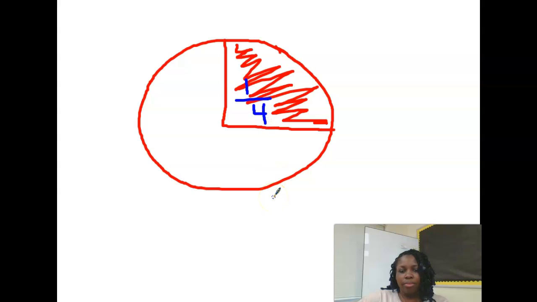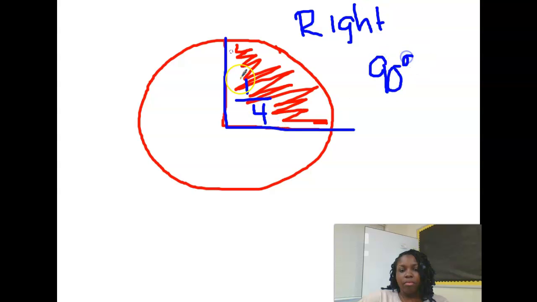What kind of angle is it? Great, you automatically notice this is a right angle. So I know it is 90 degrees. So a fourth of a turn is 90 degrees.